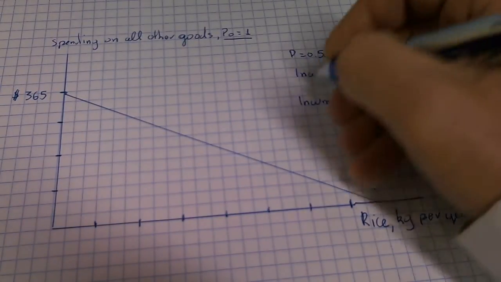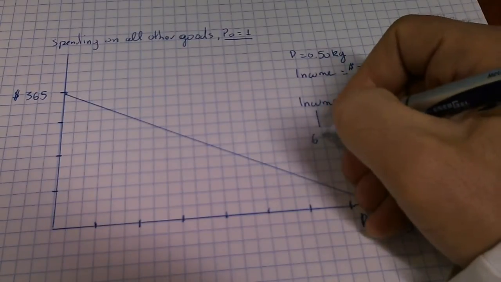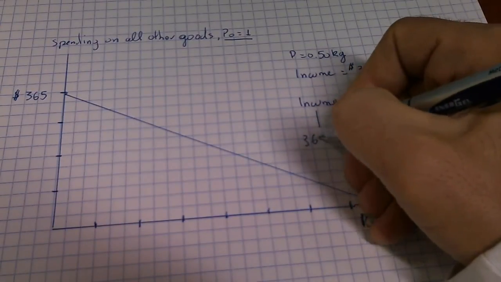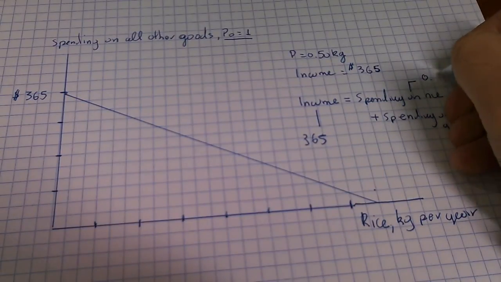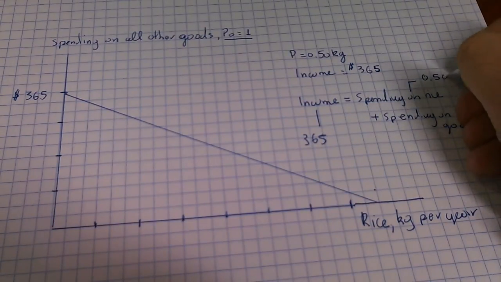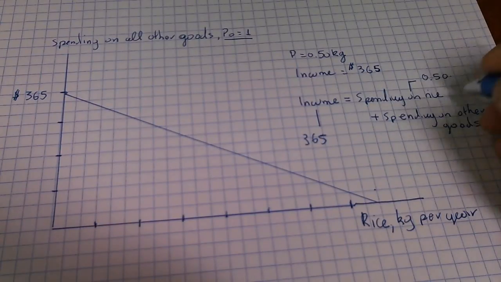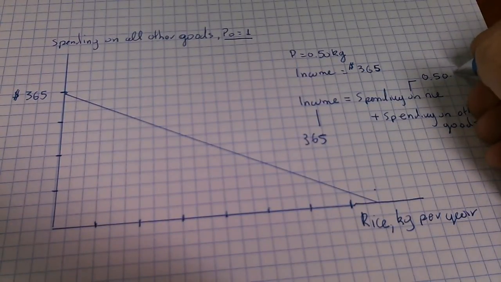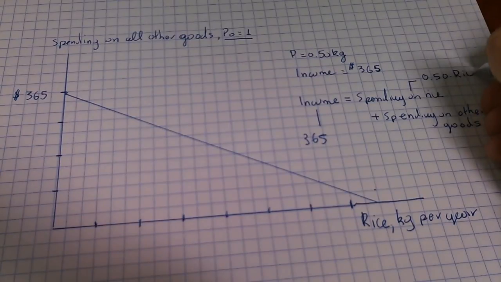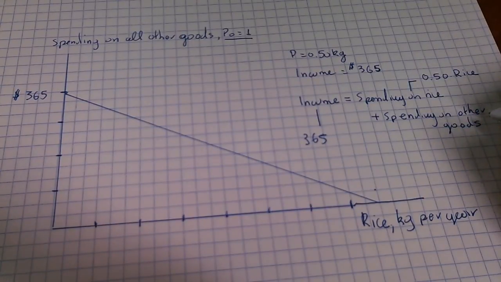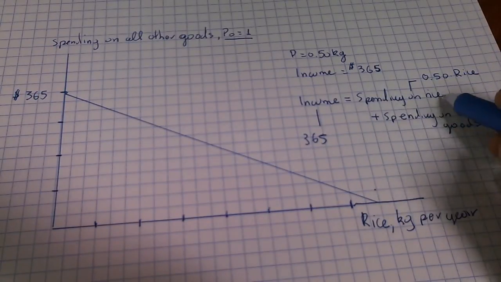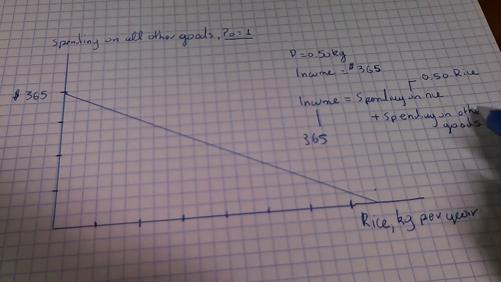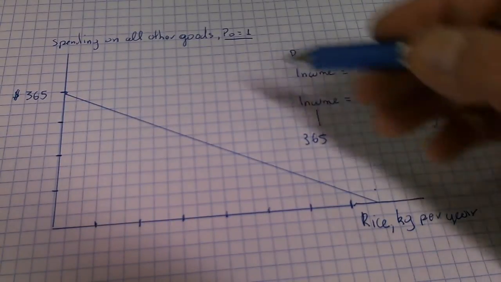His income is $365, and spending on rice is 50 cents times the number of kilograms of rice that he consumes. And the remaining income, the income less the spending on rice, is what he spends on other goods.